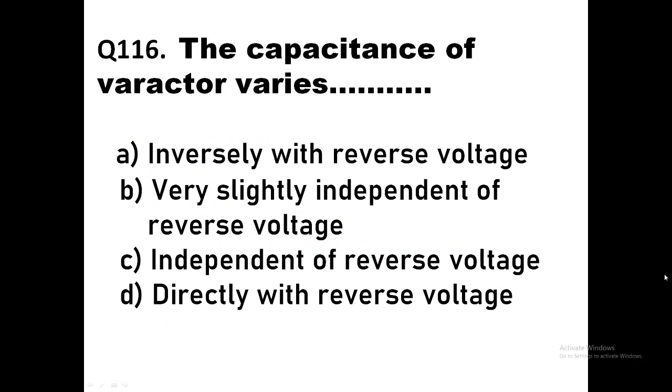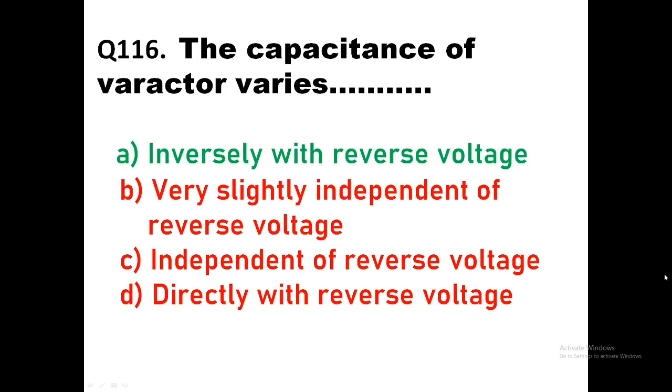Then we'll go to the next question, question number 116. The capacitance of a varactor varies how? When you apply a reverse voltage to the varactor diode and the reverse voltage is increased, the depletion layer between the P and N junction will also increase. If the depletion width increases, then the capacitance decreases. That means the capacitance is inversely proportional to the reverse voltage, so option A will be correct.